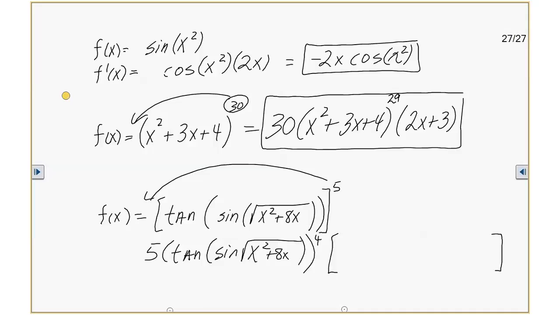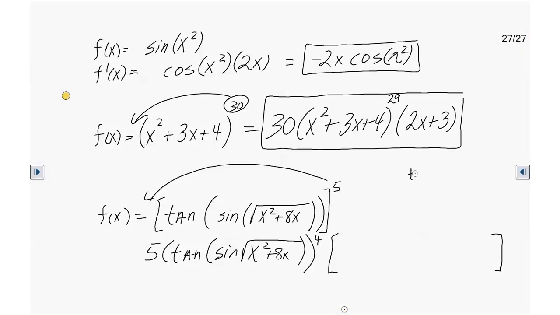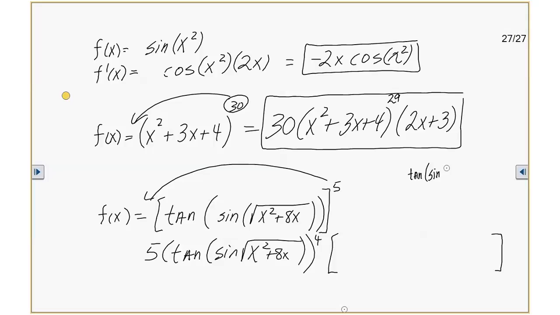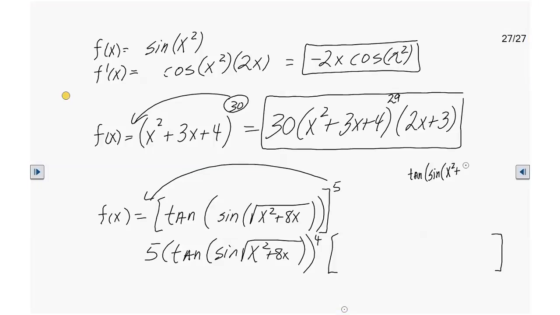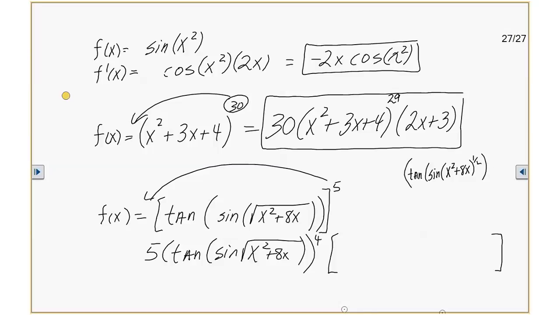Now, before you take the derivative of what's inside, you need to rewrite that as what? x squared plus 8x to the 1/2 power. So I'm just going to go off to the side over here and rewrite this guy: tangent of the sine of x squared plus 8x to the 1/2 power. And that's all I'm going to do.